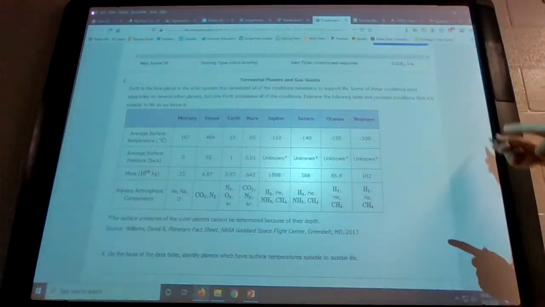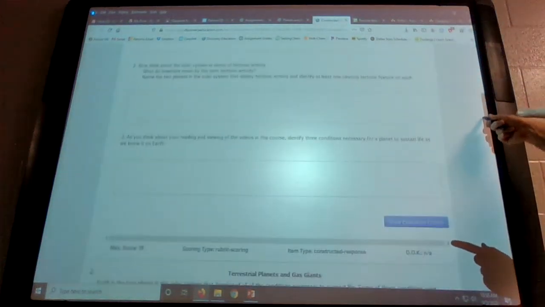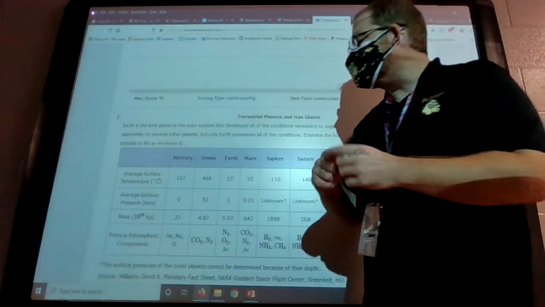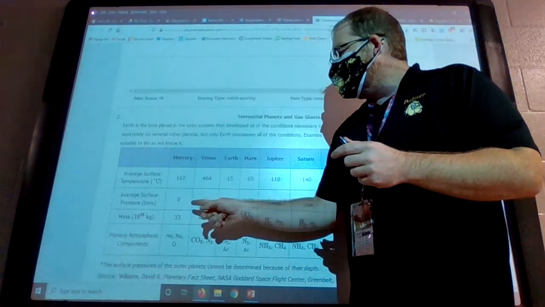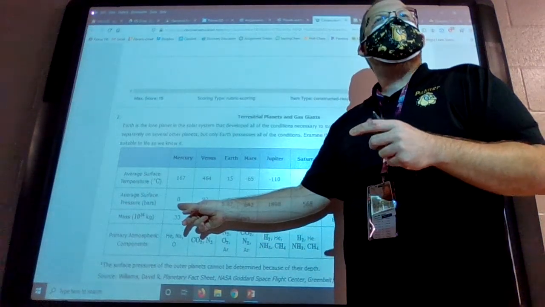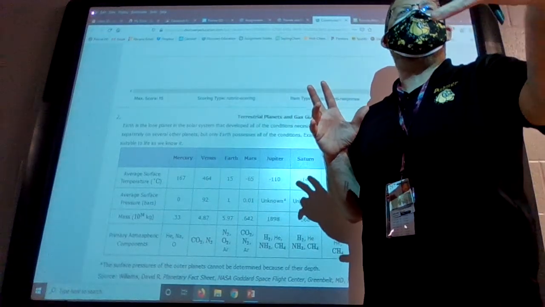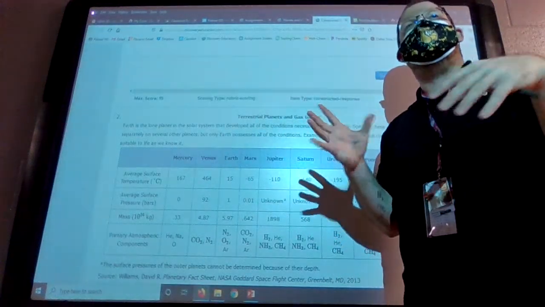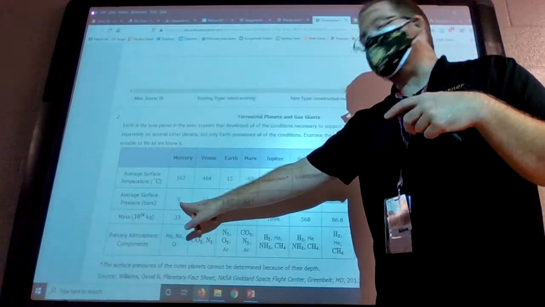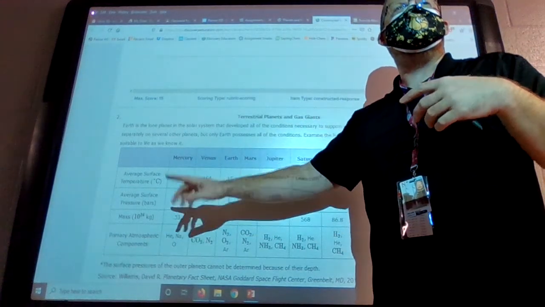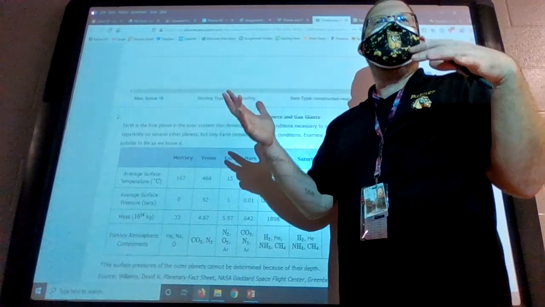Wait, how is Venus hotter than Mercury? Because of the gas clouds. Mercury doesn't have any atmosphere. So the side that's facing the sun is very, very hot, but the side that's not facing the sun is very, very cold, which is why it averages out to about 0, because it's above and below zero Celsius.